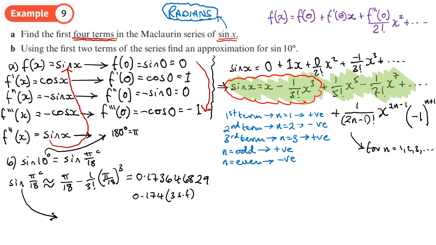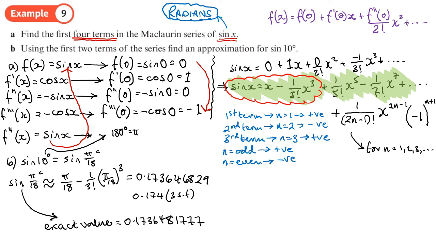Is this expansion any good? Or shall I just use my calculator? Right, this is interesting. So on my calculator, I get the exact value as 0.173648177.